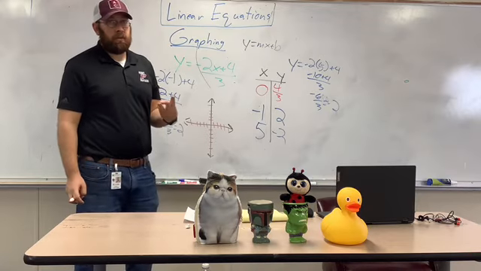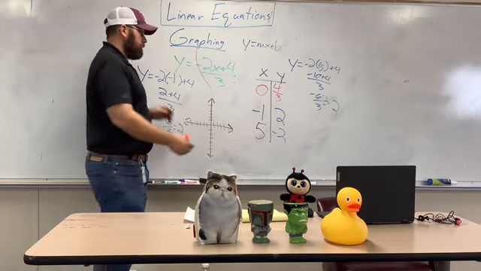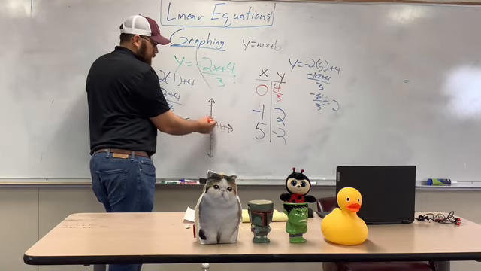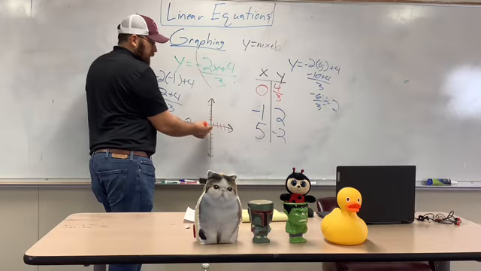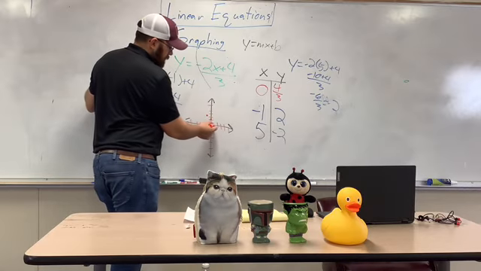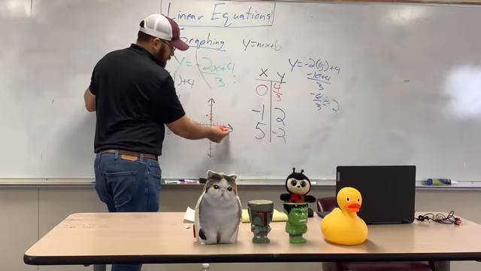It's always good to have 3 points. So I'll do 0, 4/3, so that's about 1 1/3, so right there. Negative 1, 2, and then 5, 1, 2, 3, 4, 5, negative 2.